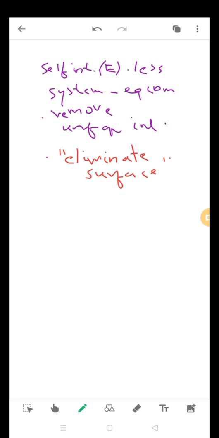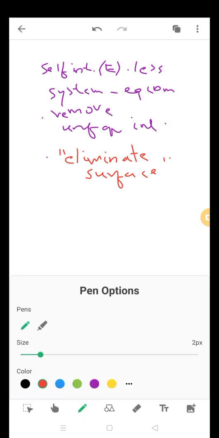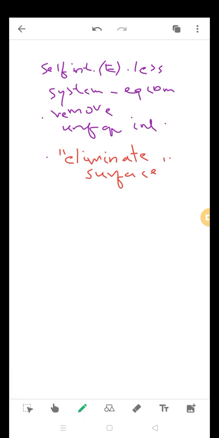This elimination of surface will occur when the particles stick together, so it implies that the particles will try to coagulate.